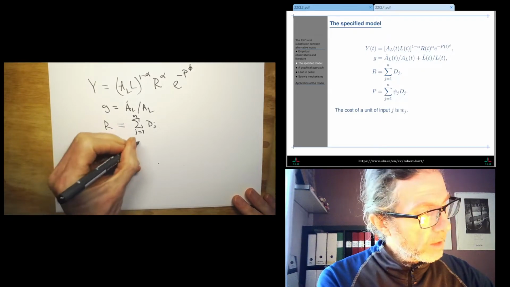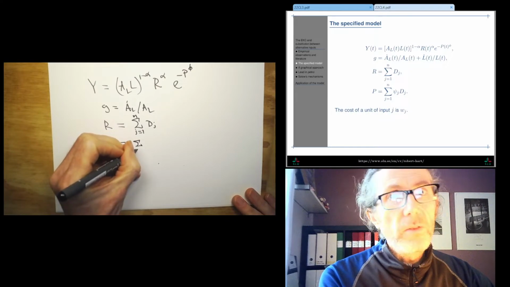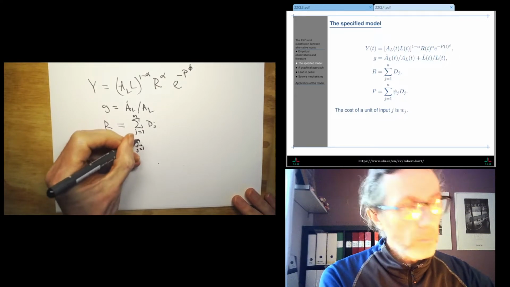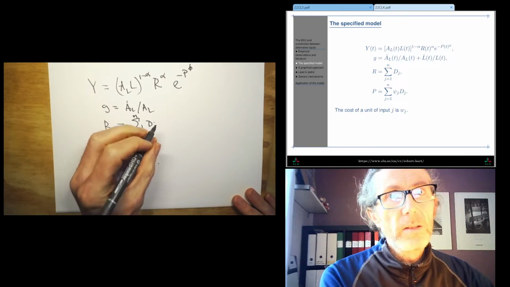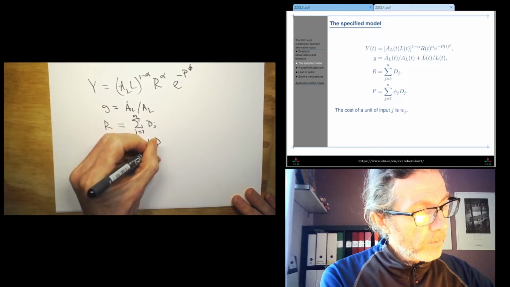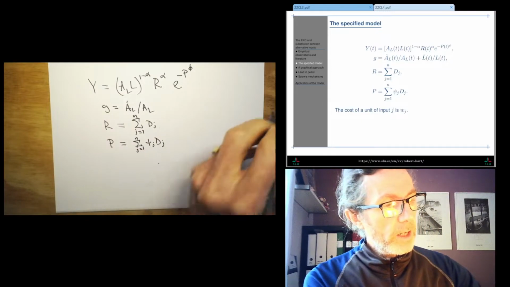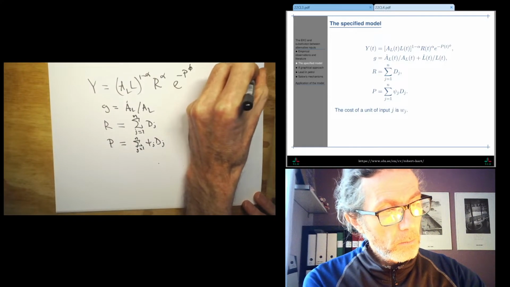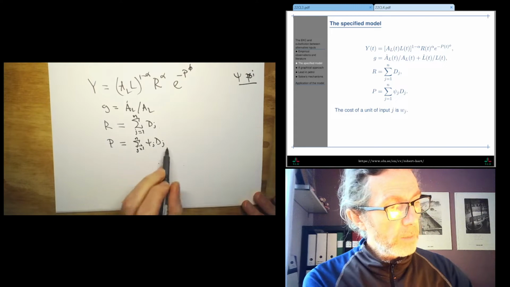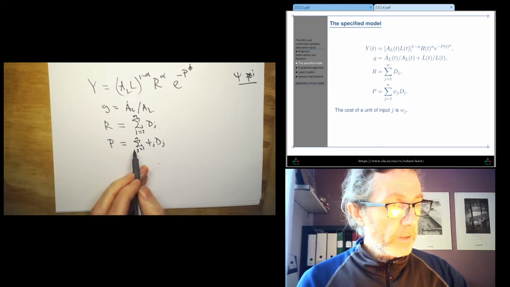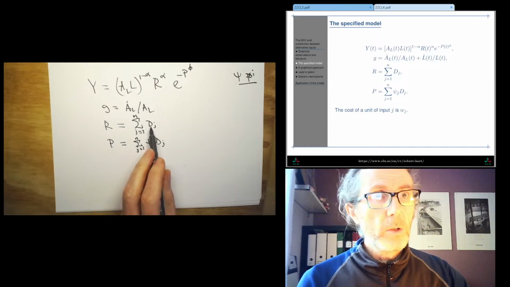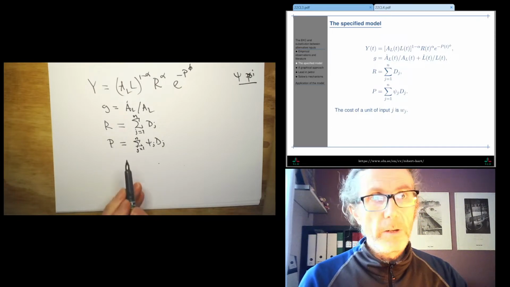Pollution is the sum of the emissions from these, which is just psi times the quantities. So if psi is big, that is a very polluting resource. If psi is 0, it's perfectly clean.